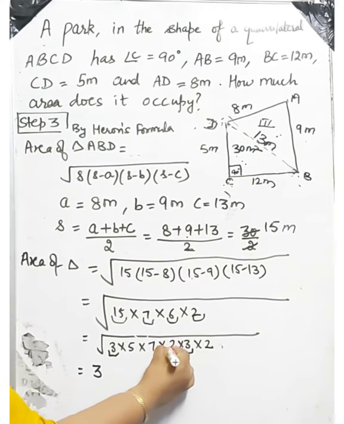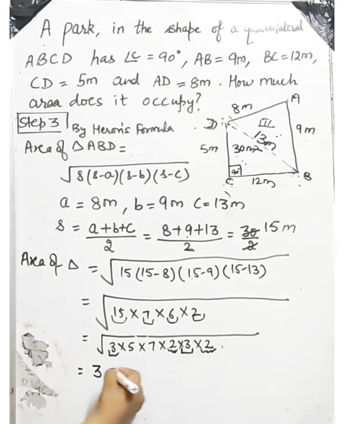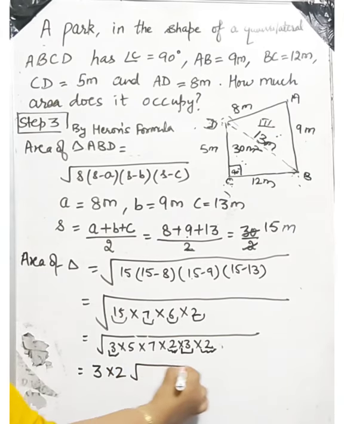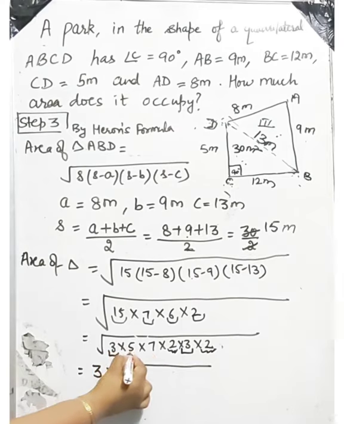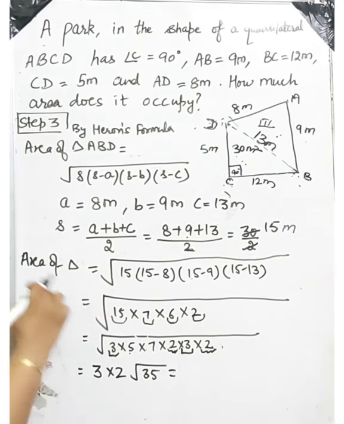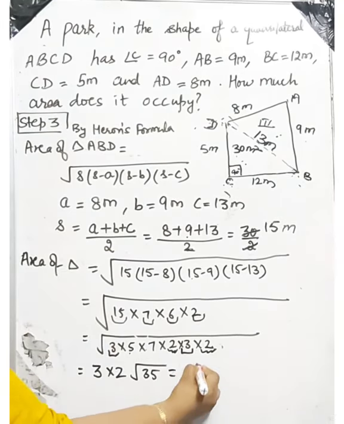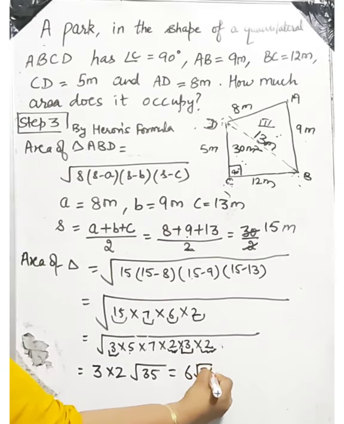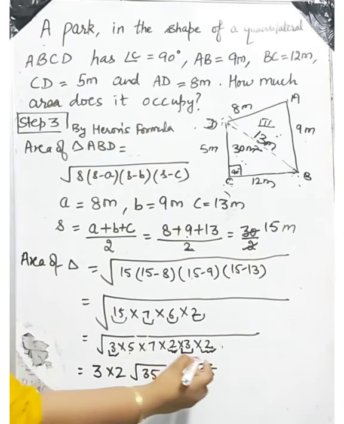Next pair. Take one number from this pair outside of the square root. Now what we left inside the square root? 5 7s are 35. Then area of triangle equal to 6 under root 35 meters square.